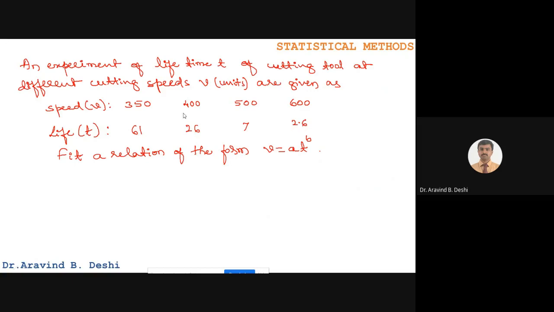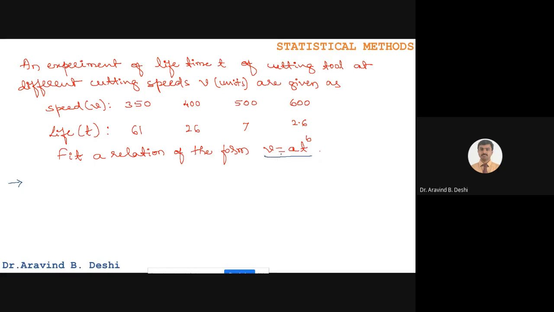This is the experimental part, but the question is to fit a relation of the form v equal to a into t to the power b. This example is of the same exponential form as the previous one, but here v is in place of y and t is in place of x. Directly it is not possible to apply a normal equation.